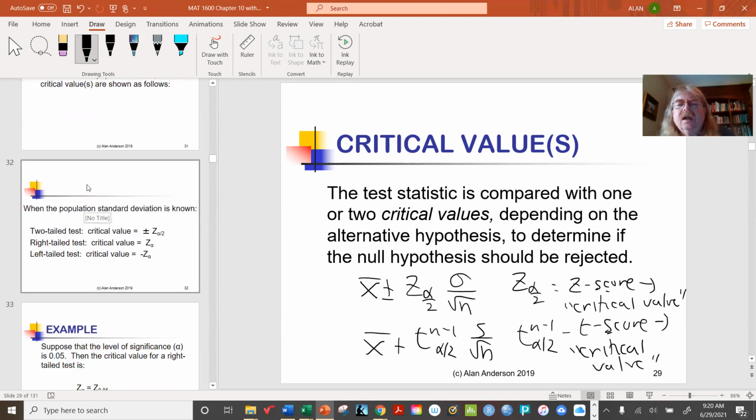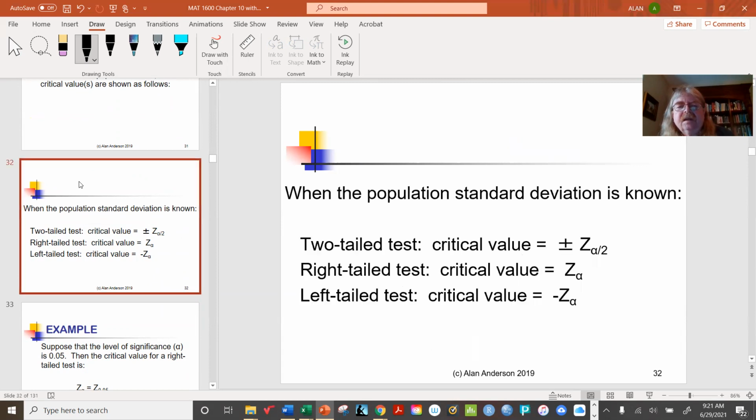When we're dealing with the standard normal distribution, there are three potential critical values that we could run into. For a two-tailed test, we have plus or minus z alpha over 2, just like a confidence interval.